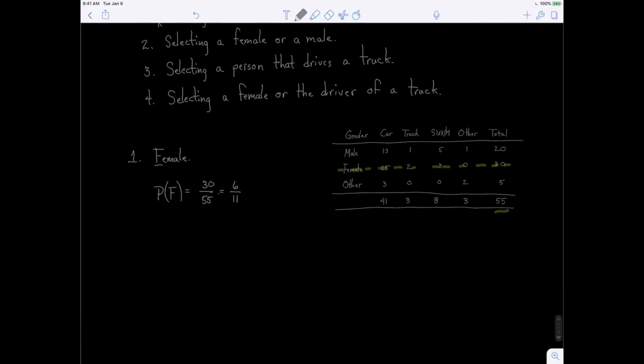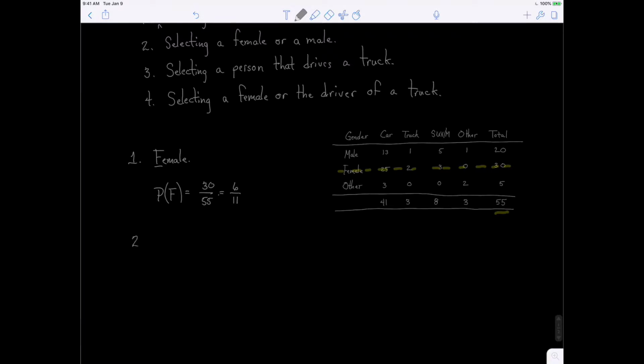Let's tackle number 2. Number 2 says the probability of a female or a male. So we're going to represent males with a capital M. We want the probability of the person being female or male, meaning we can satisfy our desired result with either one of these.